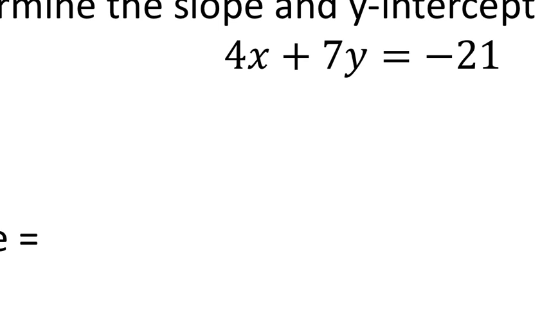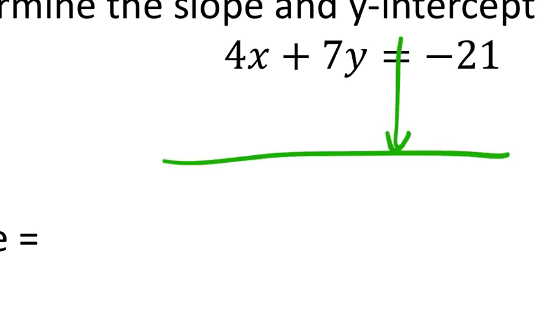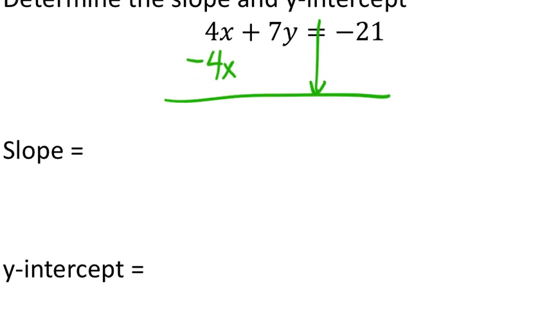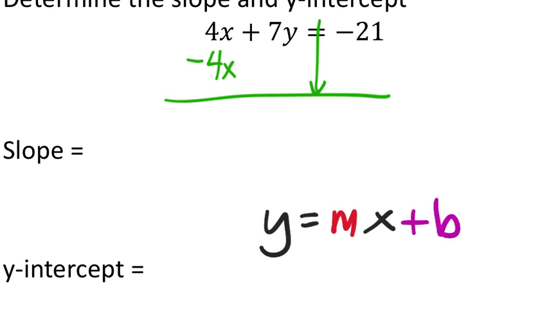So by making a 0, the first thing I'm going to do is take that 4x and zero it out. So I'm going to subtract 4x. I want that to be 0. I want the y's to be on their own, because in the end, what I really need is the format y equals mx plus b. This is what I'm trying to get to from what we're starting at.